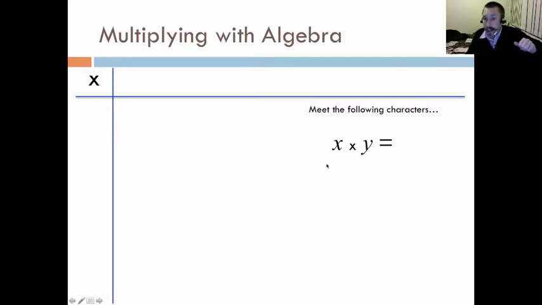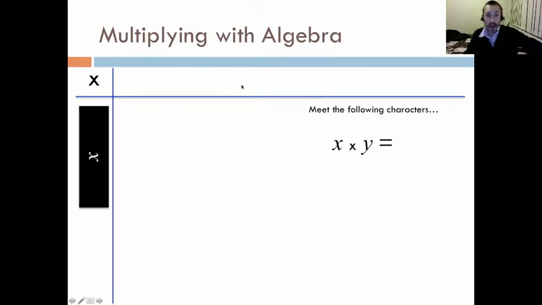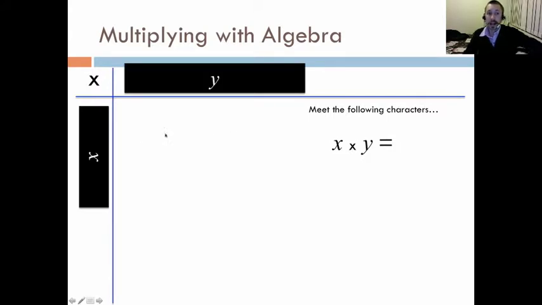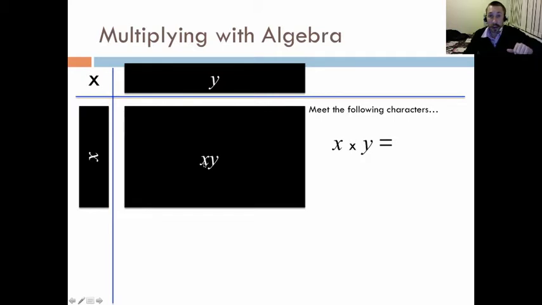Now, what happens when we get x times a y? Well, let's put the x over here and the y up here like so. Now, these aren't the same height as they are width, are they? So what we're going to do is look for something that has the same height as an x and the same width as a y. Now, out of the sheet of things that you had before, well, that's going to be an xy.